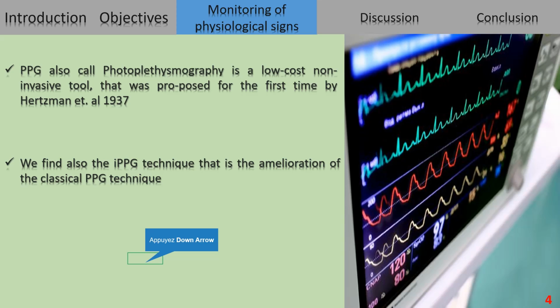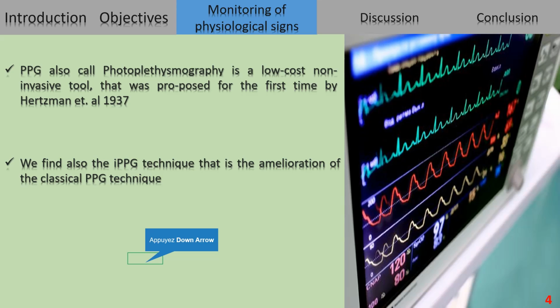The PPG, also called photoplethysmography, is a low-cost, non-invasive tool that was proposed for the first time by Hertzman et al. in 1937.